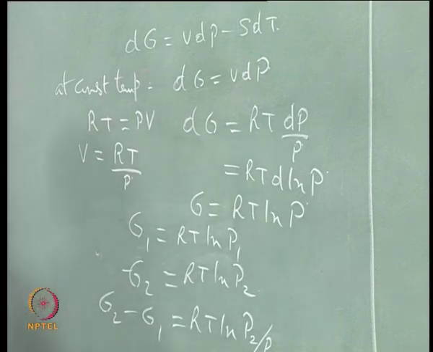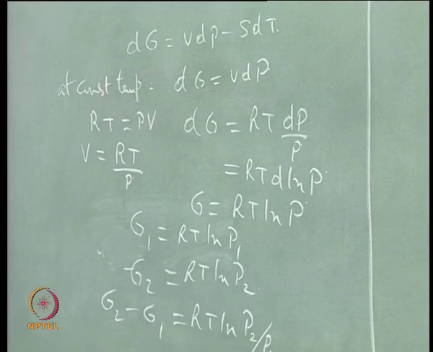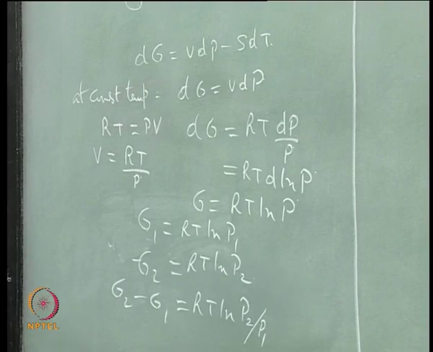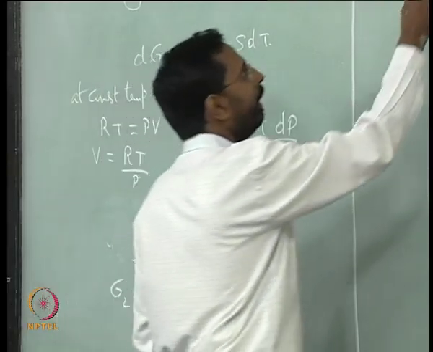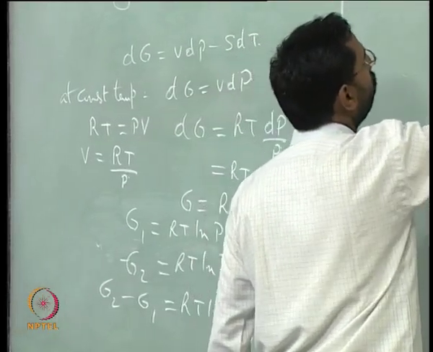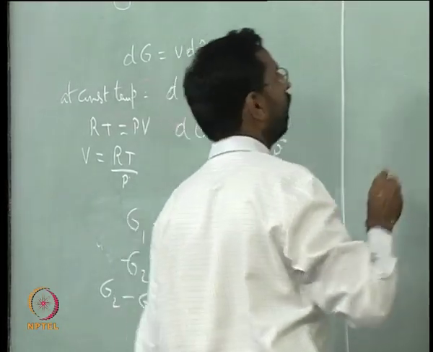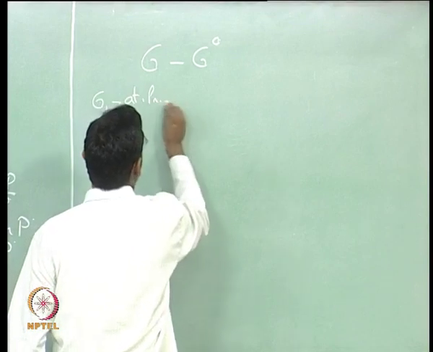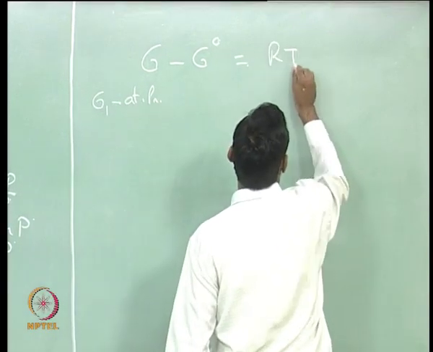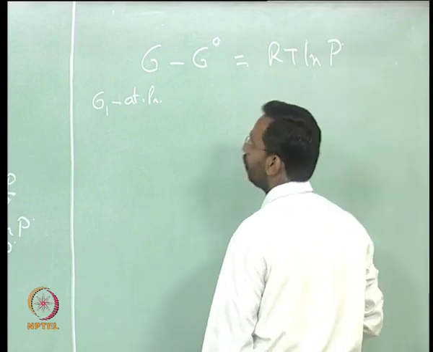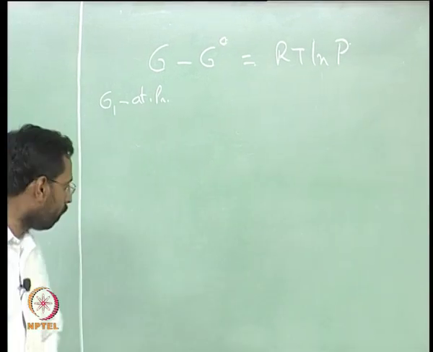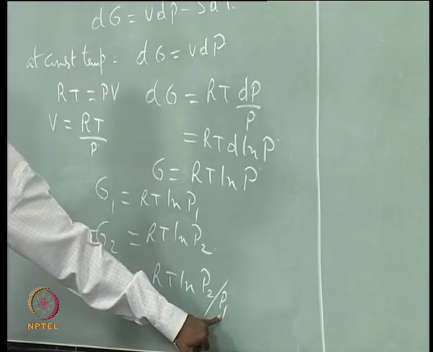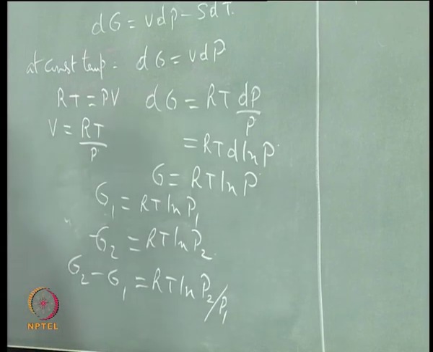And if one of them, let us say P1, is a standard pressure. What is the standard pressure for us? Atmospheric pressure. So if I take it as atmospheric pressure, I can write it as G minus G naught. I will take G1 as related to atmospheric pressure, and G2 can be written as RT ln P, because if I take P1 as 1, then P1 goes off in this equation.